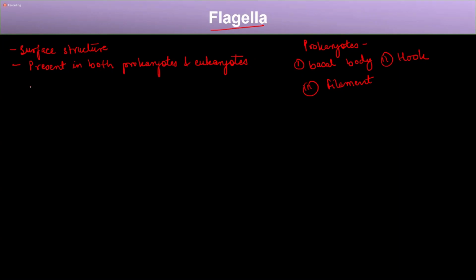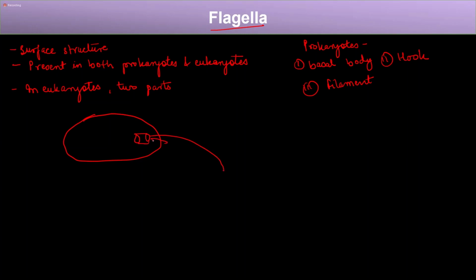But if we talk about eukaryotes, in eukaryotes, flagella has only two parts. Suppose this is your cell. It has only the basal body and a long filament.